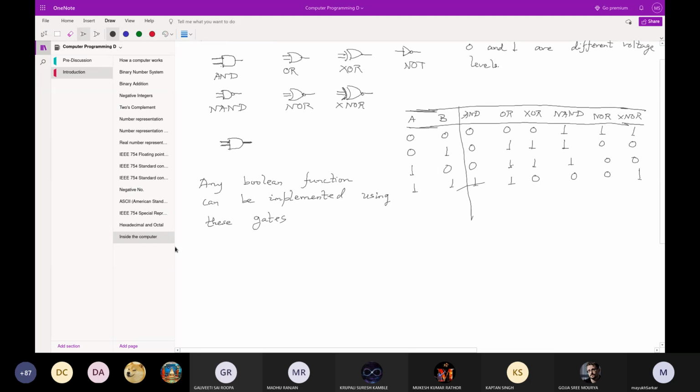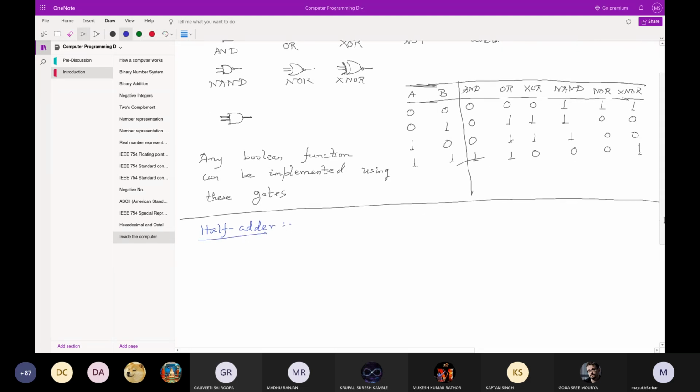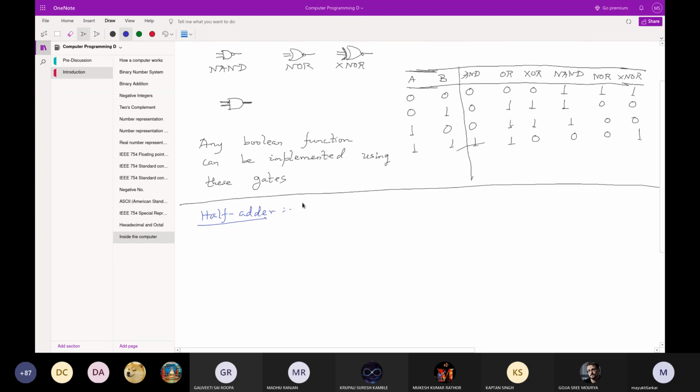Let me show an example. Suppose I want to create a half adder. Half adder means the adder that does not have carrying, that does not take any carry as input.